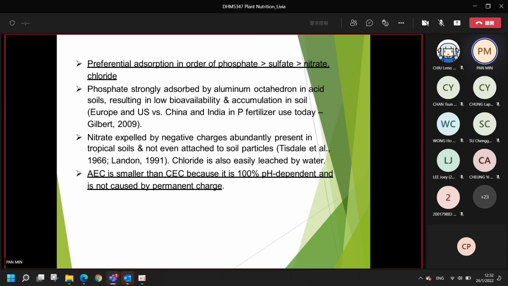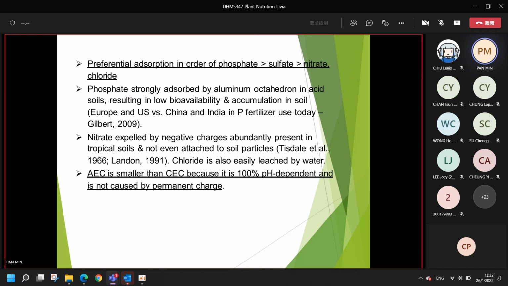And the nitrate is repelled by the negatively charged colloids that are abundantly present in tropical soil, and it is not attracted to the soil particles. So it will easily be leached out in the leachate after irrigation.